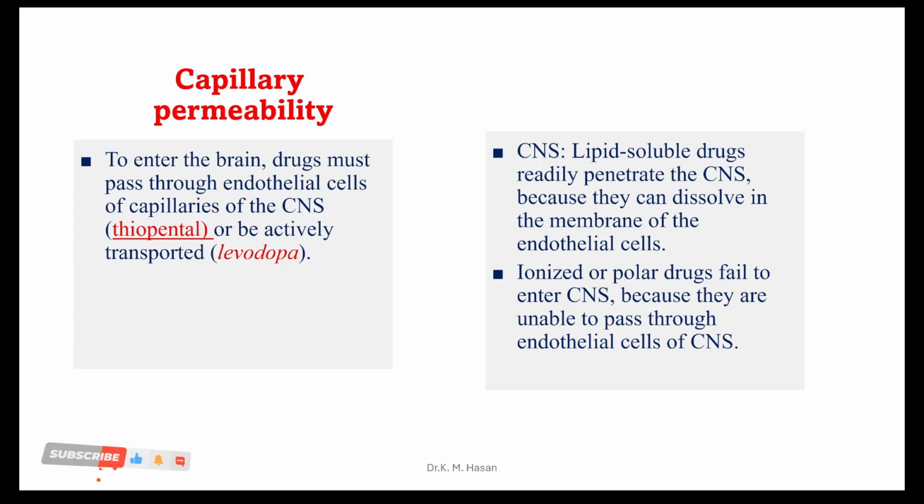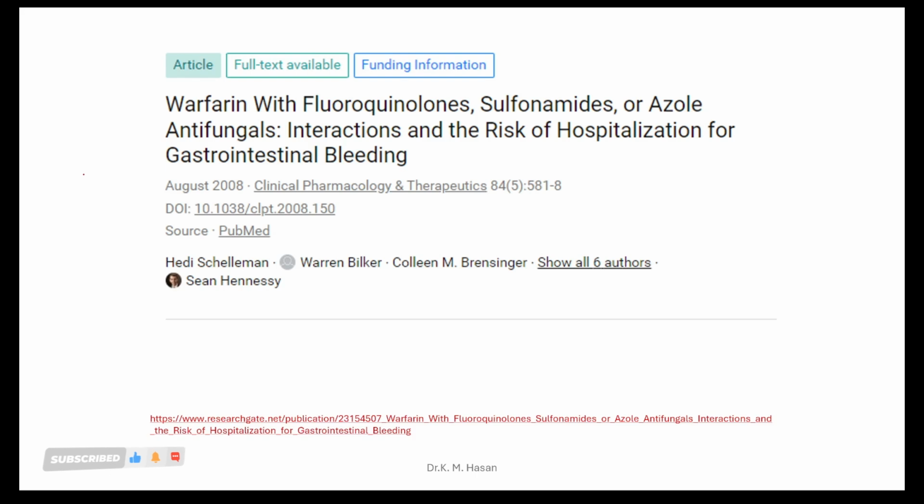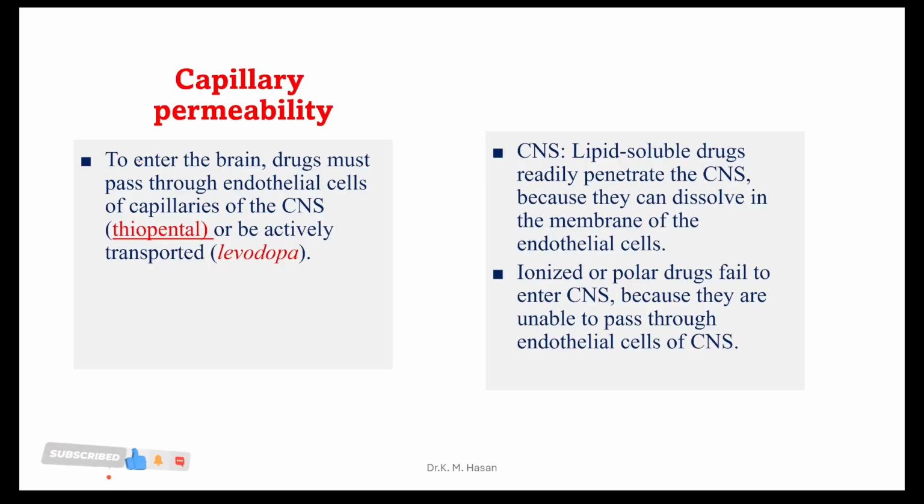Okay, for capillary permeability to the medication, in order to enter the brain, the medication needs to pass through the endothelial cells by a mechanism called passive diffusion, and this passive diffusion requires high lipid solubility such as thiopental, or active transport such as levodopa.